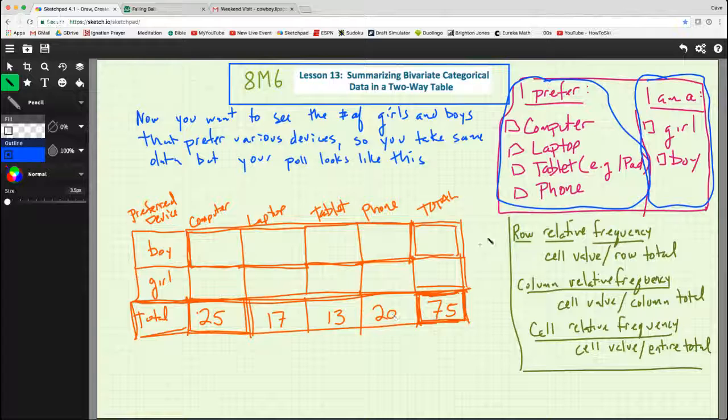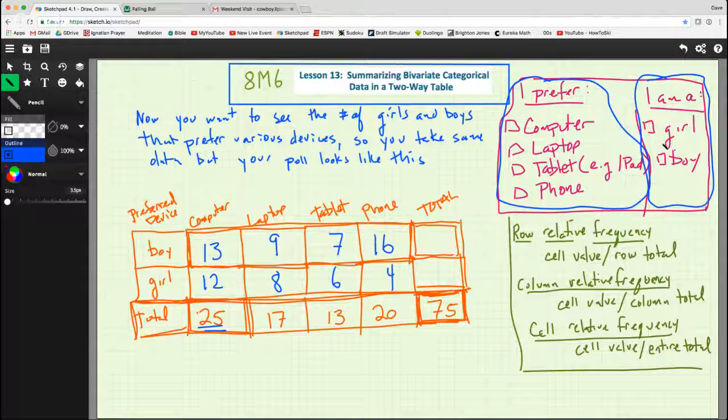When I did my tally, I found out that of the kids that like computers, 13 were boys and 12 were girls, for the total of 25 that preferred computers. For laptops, I got 9 boys and 8 girls for my total of 17. Tablets, I got 7 boys and 6 girls. On the phone, though, I got 16 and 4.